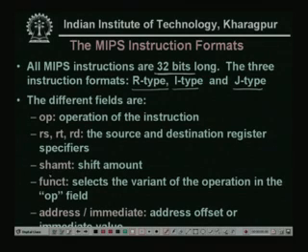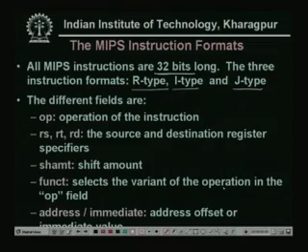Then SHAMT is a shift amount, a different field kept in MIPS. Another is funct, which selects the variant of operation in the op field. Then address and immediate, that means an address offset or an immediate value, that is the data.